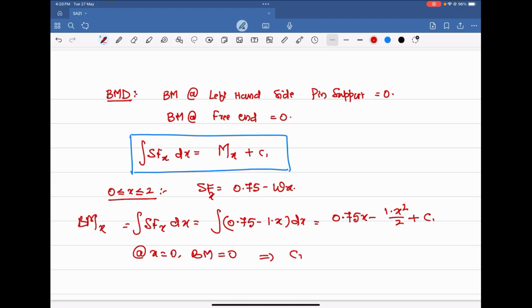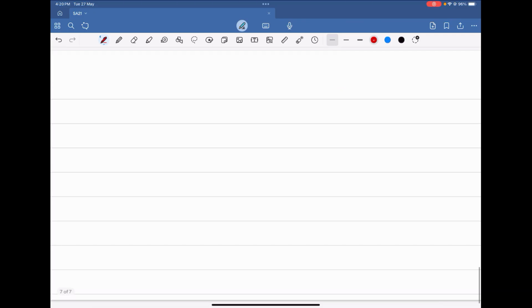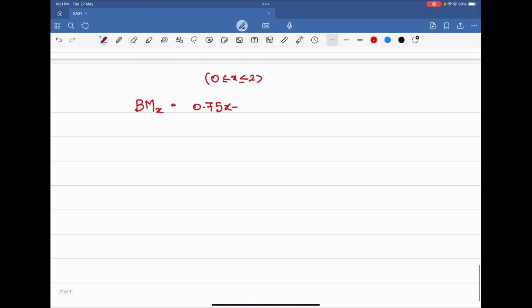That implies C1 is equal to 0. Hence, bending moment at x from the left hand side for the region 0 less than or equal to x less than or equal to 2, bending moment is 0.75x minus x square by 2.